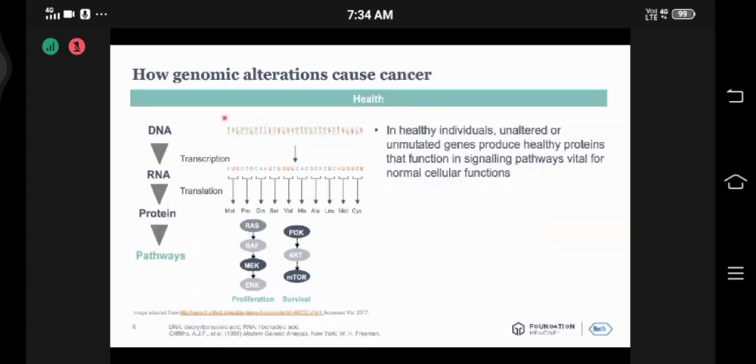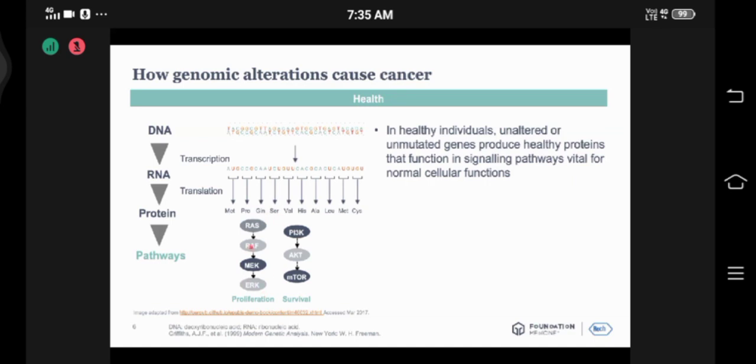Just to say, DNA, we know it is just polynucleotides, and these DNA are read and transcribed into RNA, which in turn is translated into proteins, and these proteins form the pathways. As an onco student, we all know the RAS, RAF, MEK, ERK, which leads to proliferation, and the PI3K, AKT, mTOR, which leads to survival.